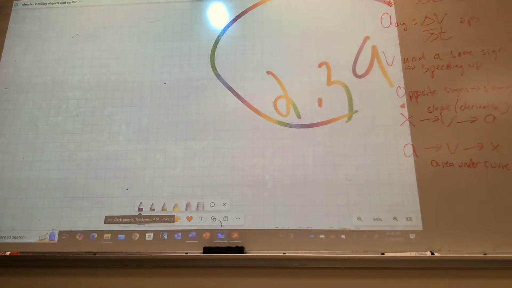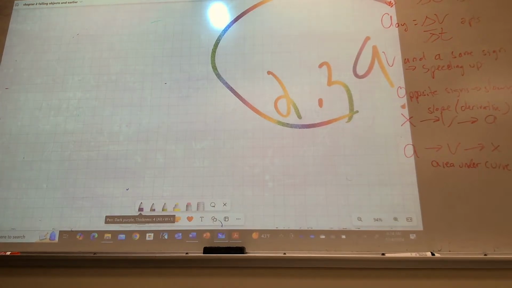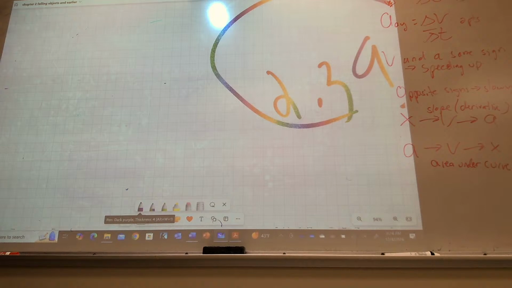Let's see how much you remember. This is a physics 1 problem. Write down what variable they give you. There are different ways you can do this. Write down what you know.